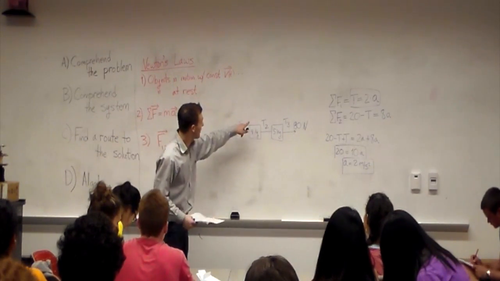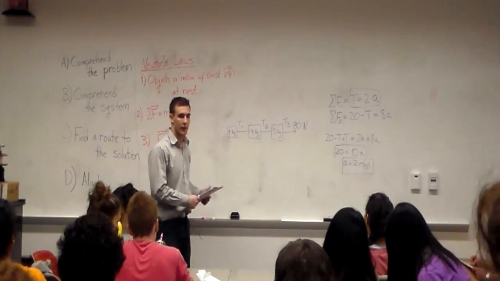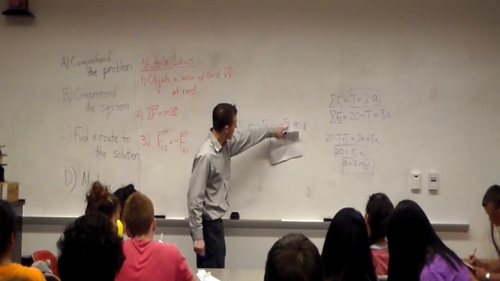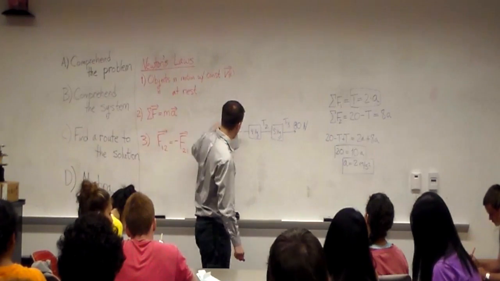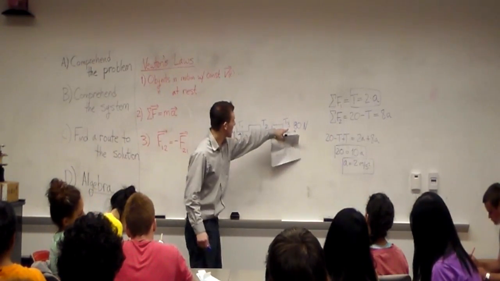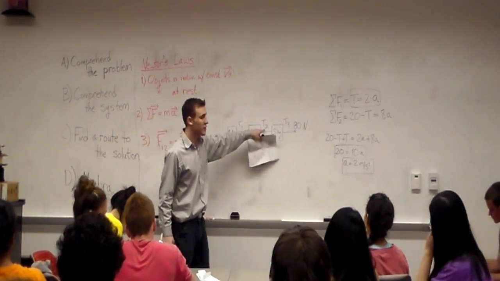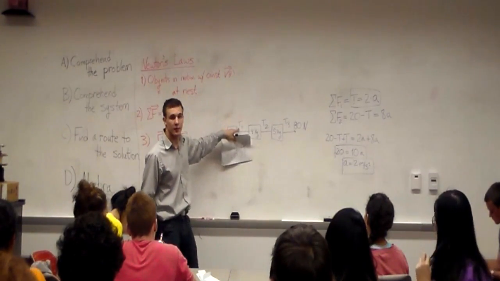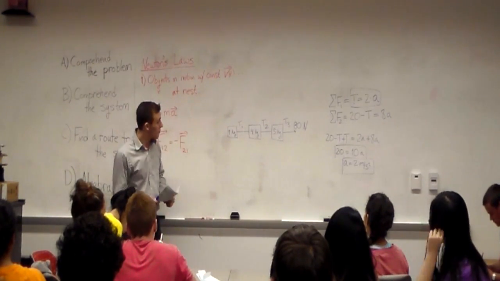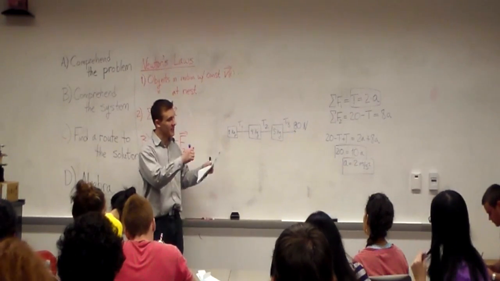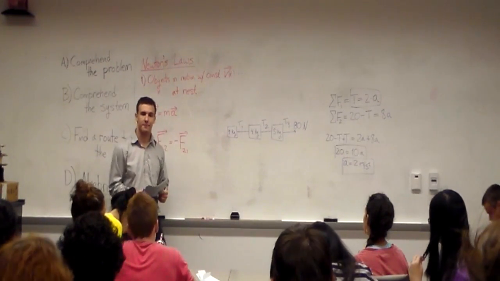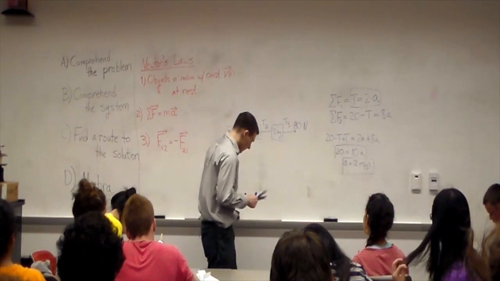This guy only has to do 5, this guy only has to do 1. So this is 10, this is 5, so this guy is going to be twice as large as this, and this is going to be 5 times as large as this. So remember, the tension is the thing that keeps the accelerations the same.